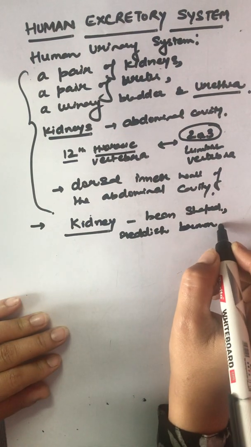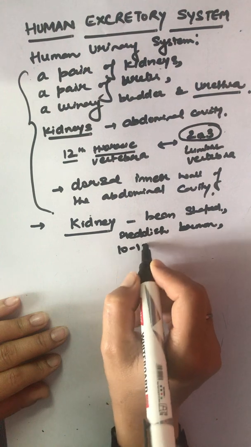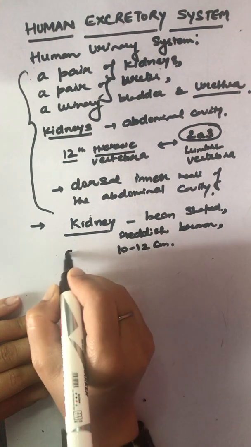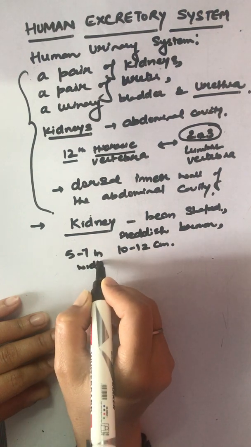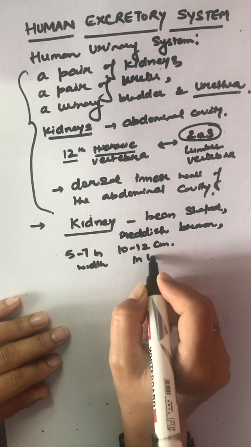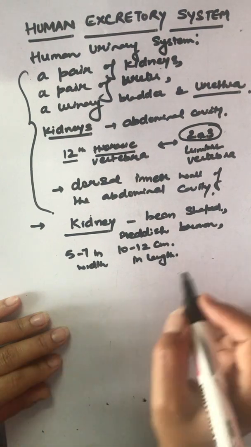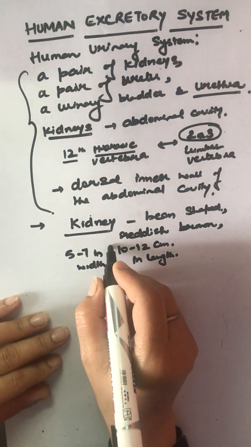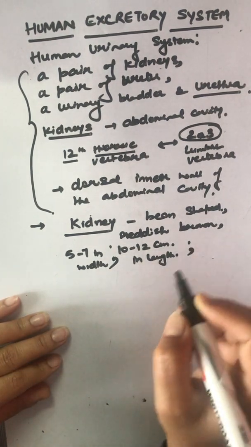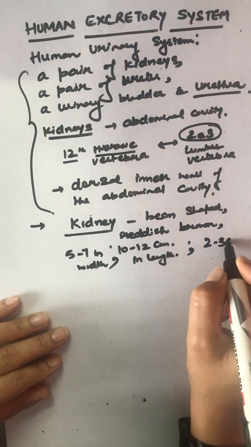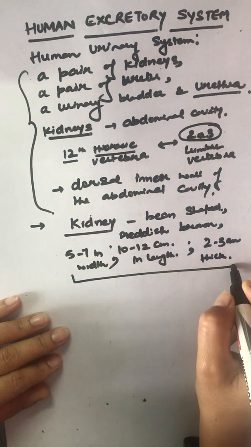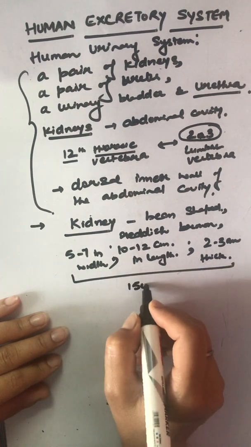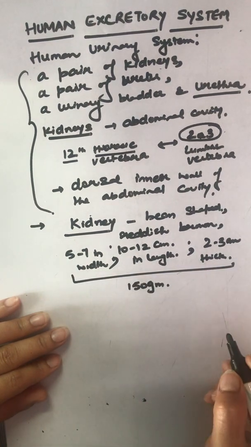It is about 10 to 12 centimeters in length and 5 to 7 centimeters in width. Obviously there is thickness as well, about 2 to 3 centimeters. Its weight is about 150 grams.